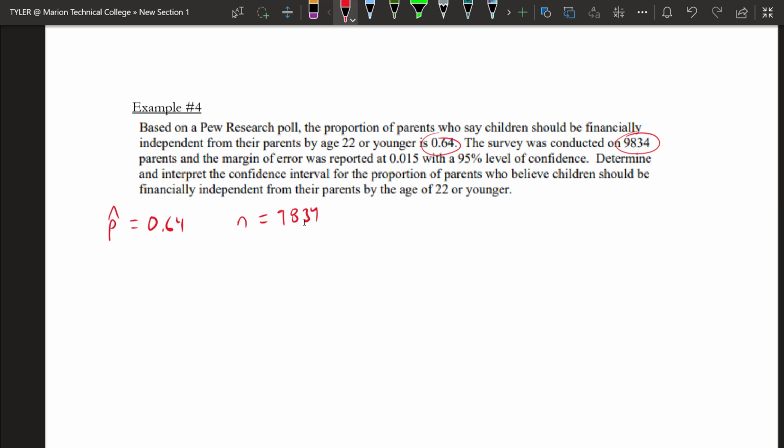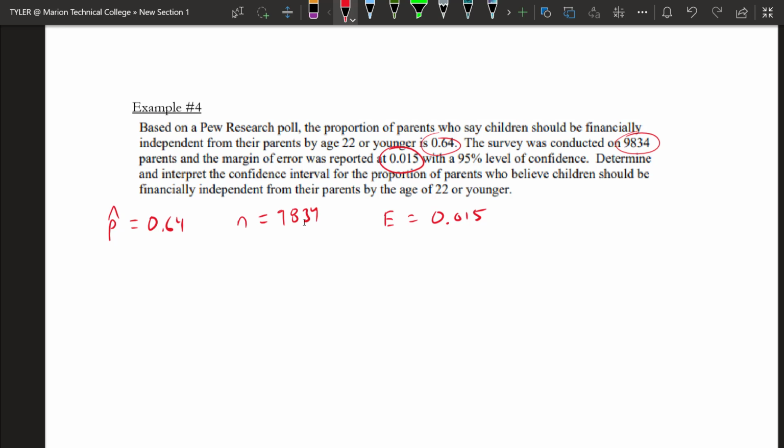And this value here, 0.015, that's my margin of error, so that would be capital E, the margin of error. And so what I'm after is trying to find the confidence interval, the lower and upper bound, right?